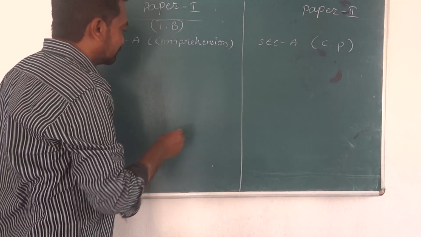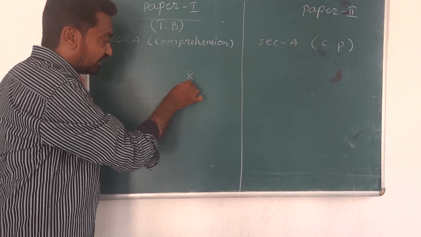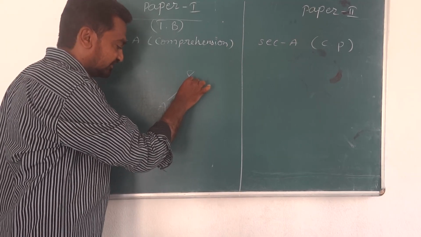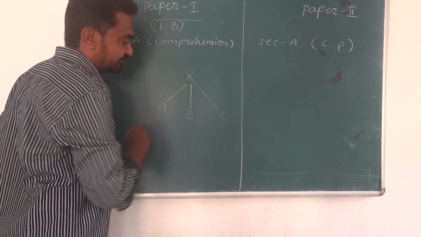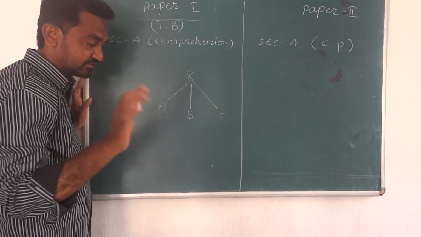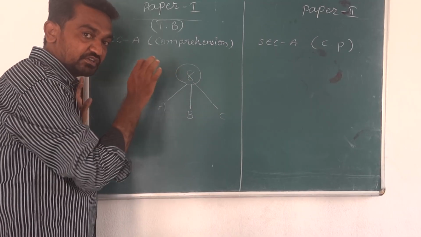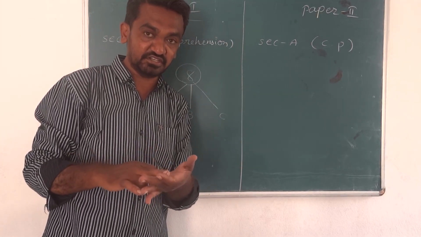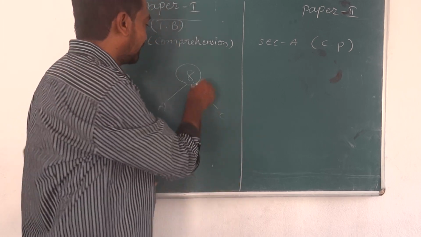In your textbook there are 8 units. In every unit there are 3 lessons: A reading, B reading and C reading. In 10th class and 9th class, even in 6th, 7th and 8th class, the textbook carries 8 units.